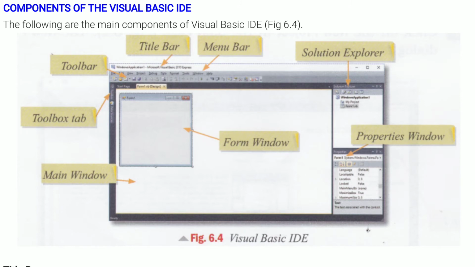Toolbar contains different buttons like start debugging, save project, open project, which are frequently used buttons that can be used as shortcuts for performing frequently used tasks. But toolbox consists of icons of various controls or objects such as command button, label, text box, etc.